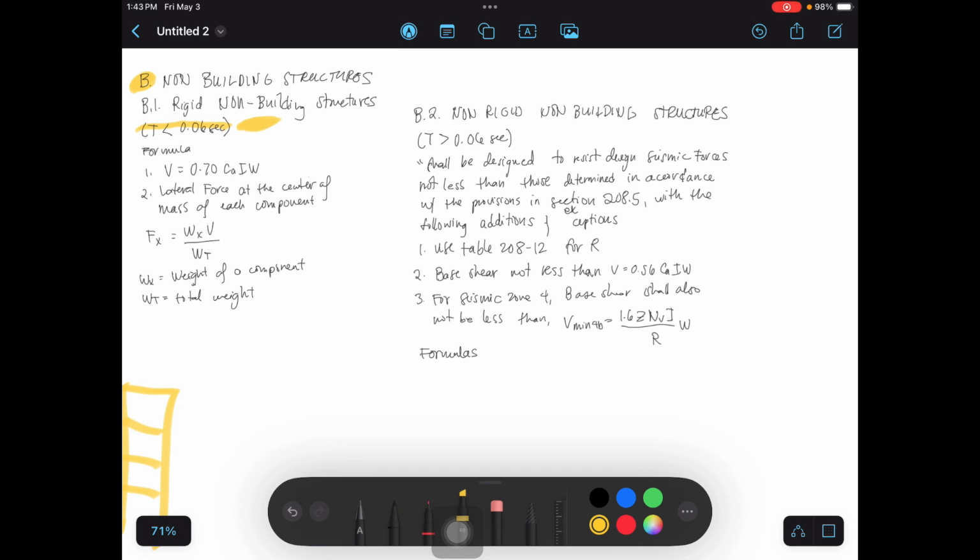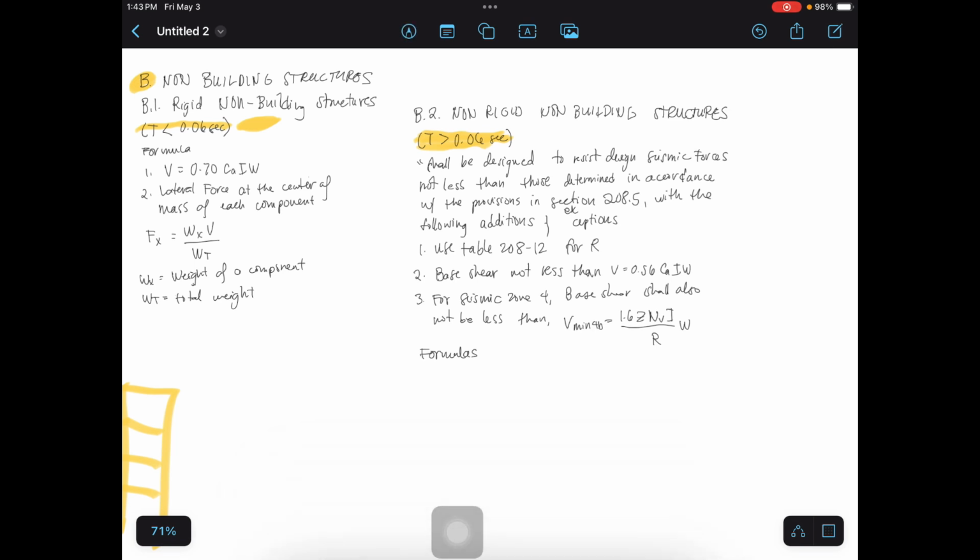Pag non-rigid, mas matagal ang isang oscillation niya. So, it's more than 0.06 seconds. So, non-rigid yon.